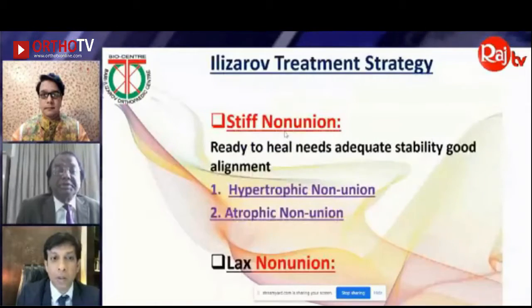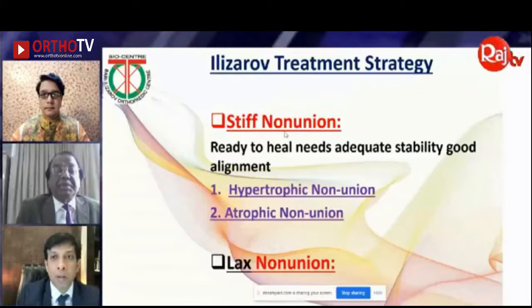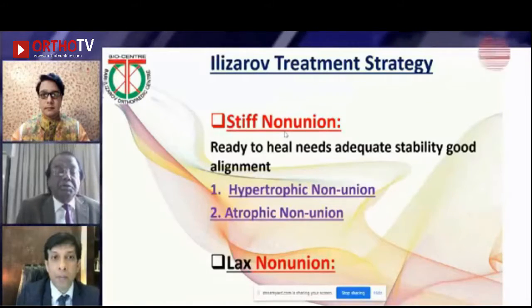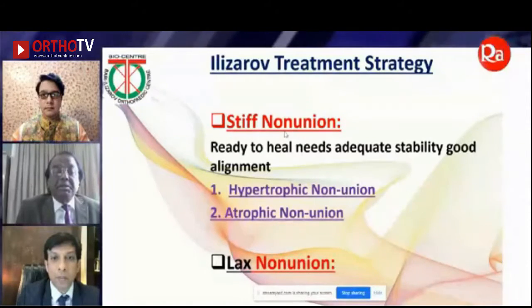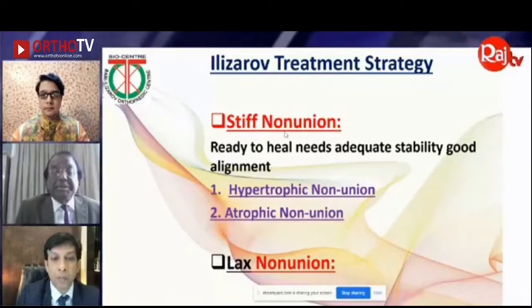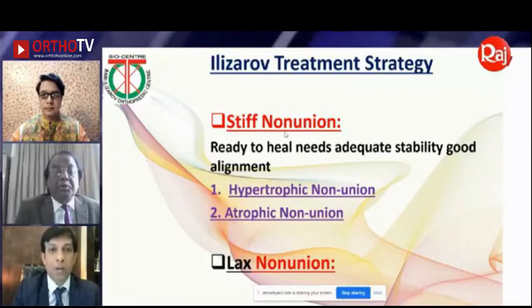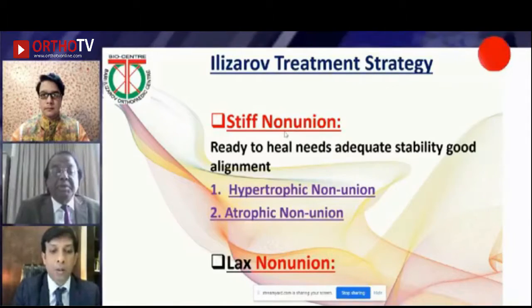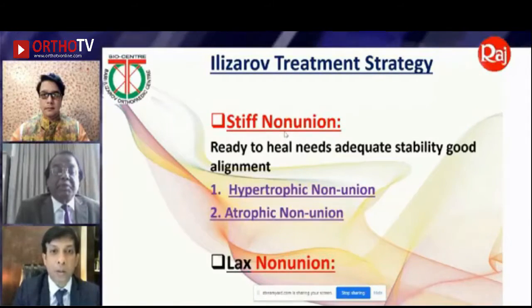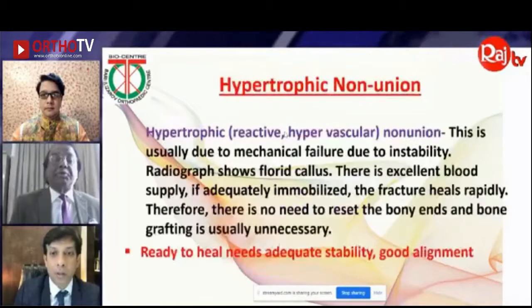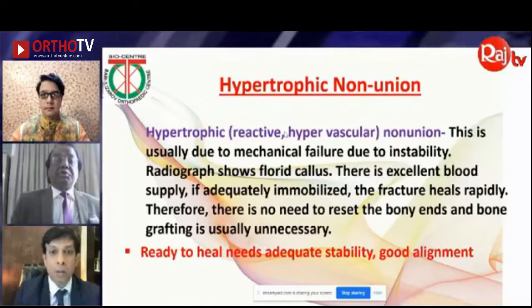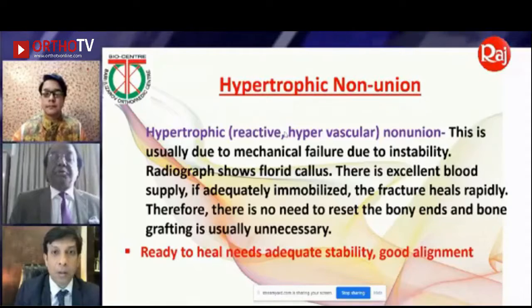So, the Ilizarov treatment strategy: if you think about the stiff non-union, you have to go for healing that needs adequate stability and good alignment. Hypertrophic non-union we are getting most of the time, and at the same time we are getting atrophic non-union also, and lax non-union. Think about this hypertrophic non-union.